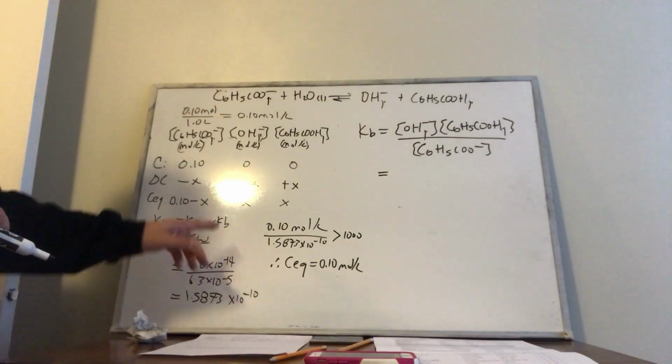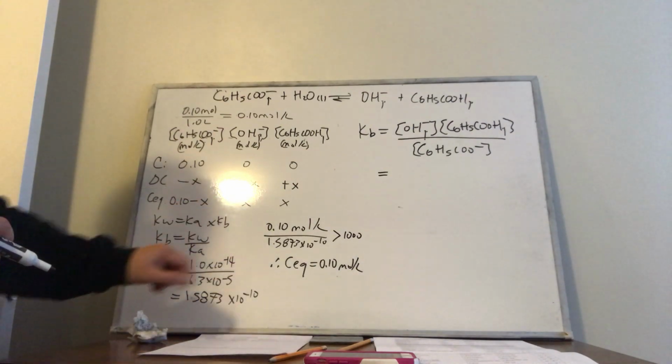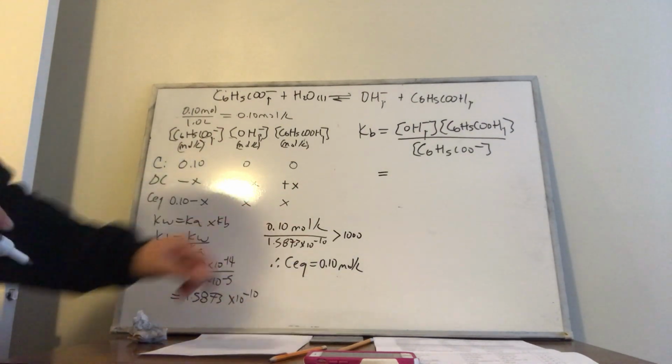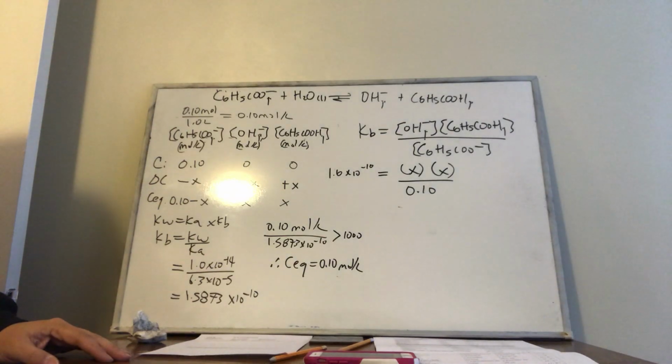Now I take my ice table values for hydroxide and benzoic acid, and my redefined CEQ for the benzoate. And I can write down my Kb. I'm going to just write it as 1.6 times 10 to the minus 10 here. And I have x and x, and that's all over 0.10. Okay, so now I've substituted my values in.